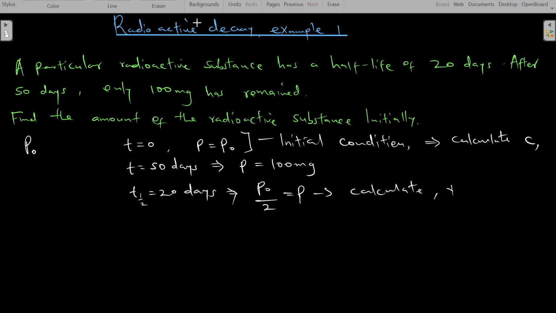So we'll be able to calculate our decaying constant lambda from this expression.